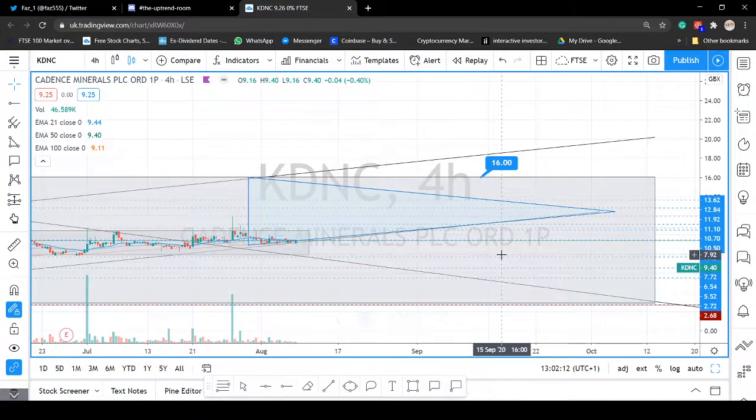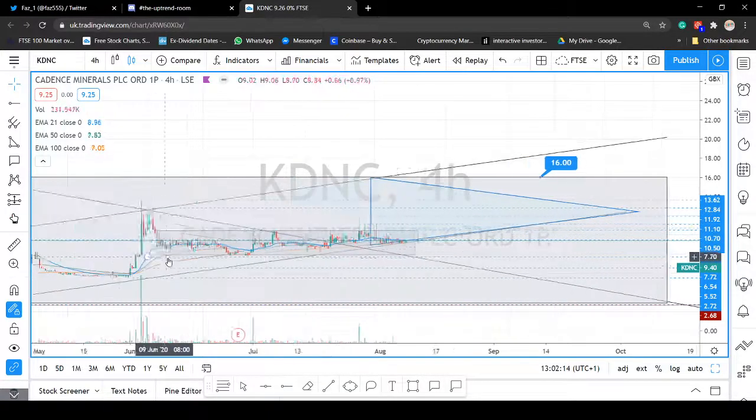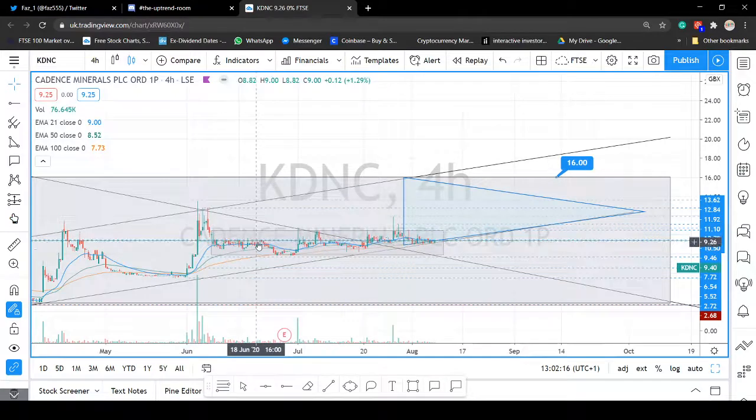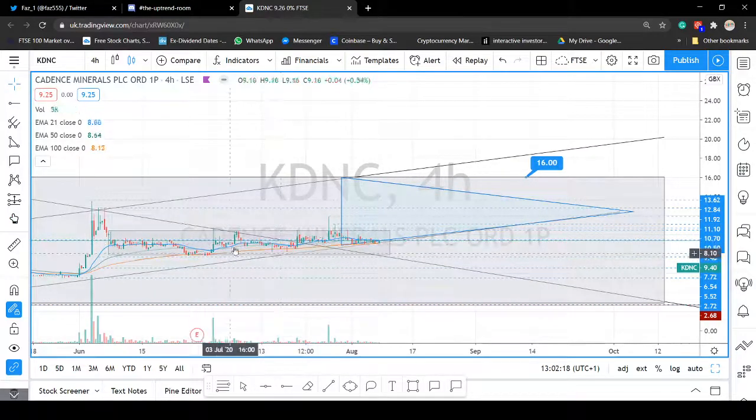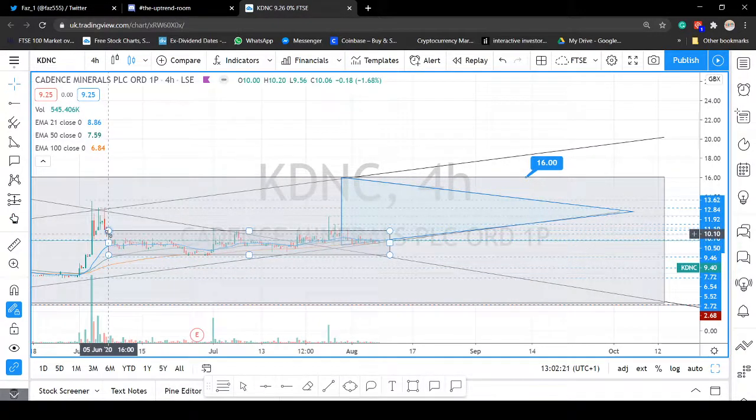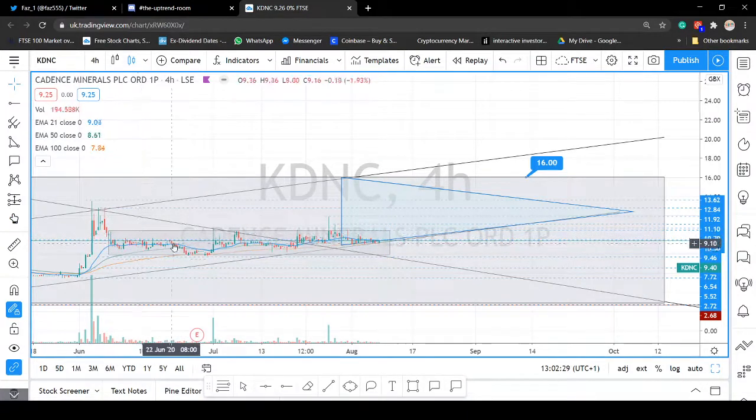Excuse me, guys. Right, here we go. So here is the local consolidation. That consolidation started 5th of June at 4 o'clock 2020, if you want to be precise. Consolidation all along here. This is how the markets move.